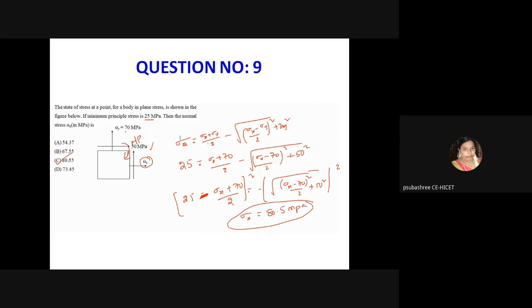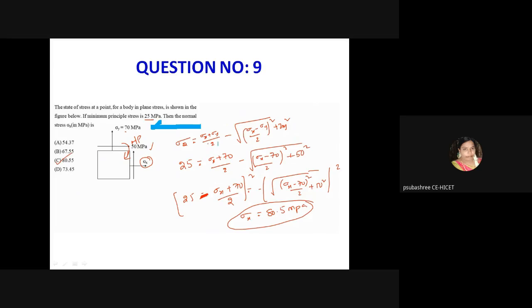So it is a two-dimensional stress problem. What is the formula for sigma x? Sigma 1 is here. The minimum principal stress is assumed as sigma 2.